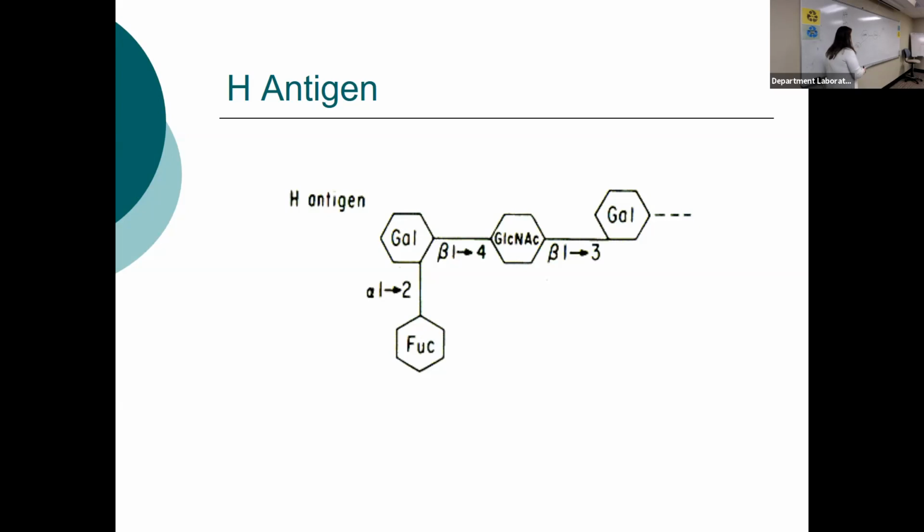That being said, remember Landsteiner's rule. You can build the antibody to what you lack. Notice that our patient does not have any H being produced. What does that cause? They're going to have anti-H, okay?